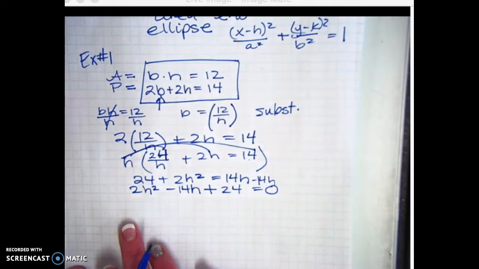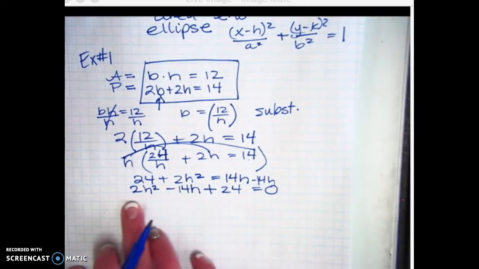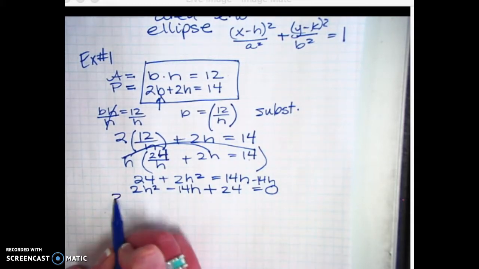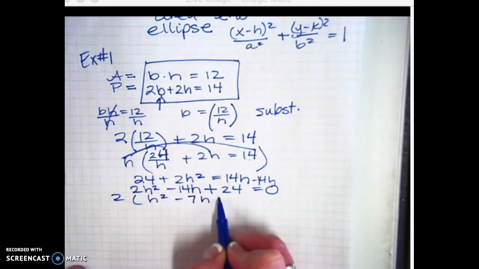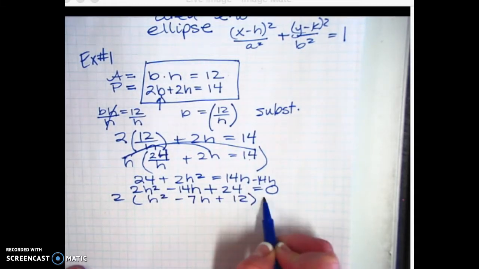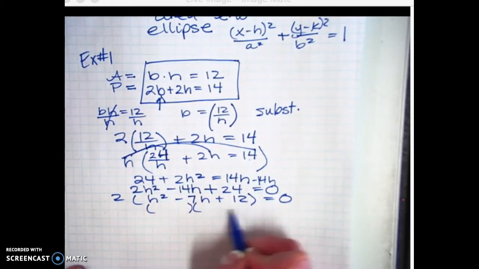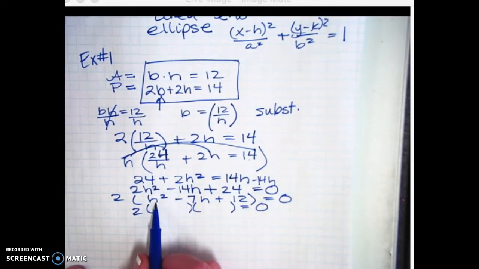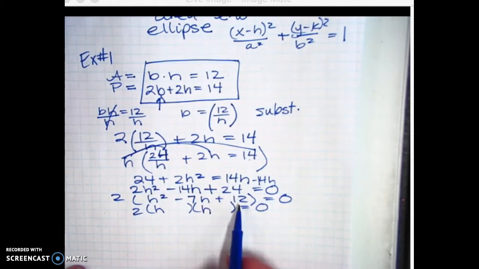Okay, whenever you're factoring, the first thing you should look for is what? GCF, and this one has a nice easy GCF of 2. So we're going to factor out a 2. That leaves us with H squared minus 7H plus 12. And then we're going to factor it into a binomial times a binomial. The square root of H squared is H and H. And then we're going to look at the 12.